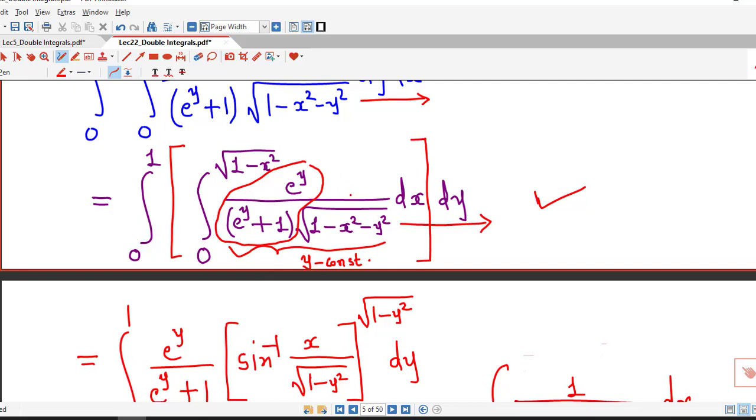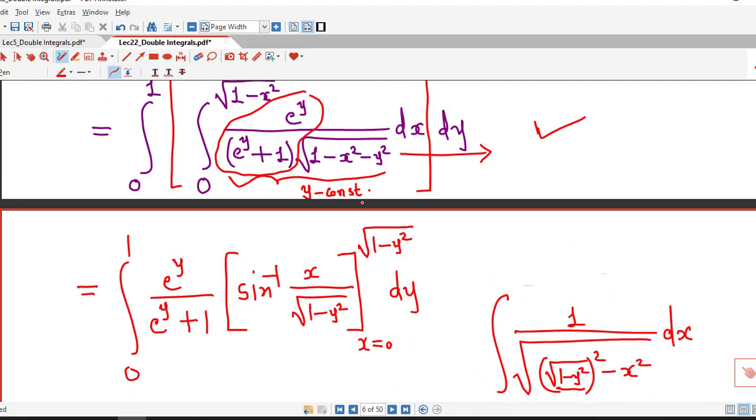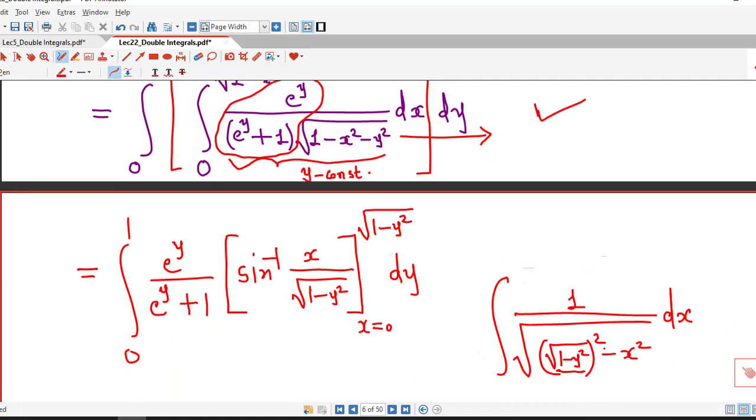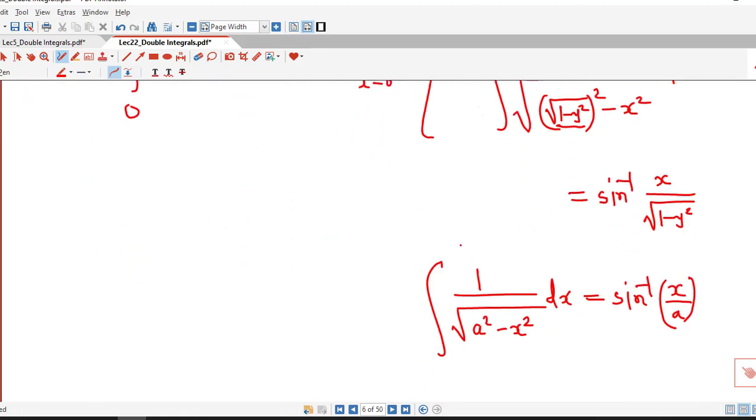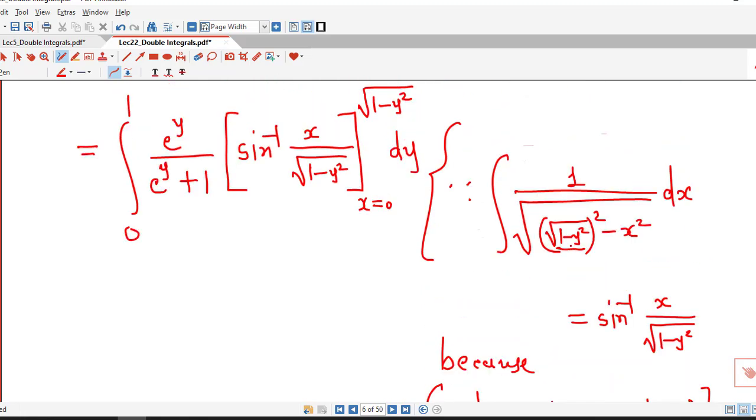Integral of 1 over under root 1 minus x square minus y square is obtained using this formula. Here we mention it in the bracket. We are using this formula: integral of 1 over under root a square minus x square is sine inverse x by a. Here instead of a we have square root of 1 minus y square.